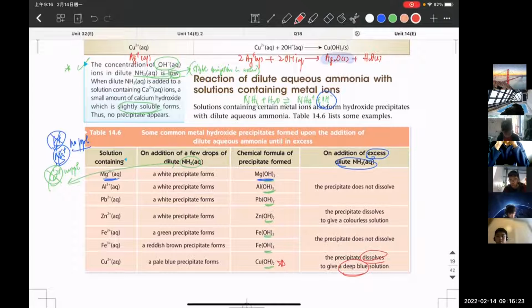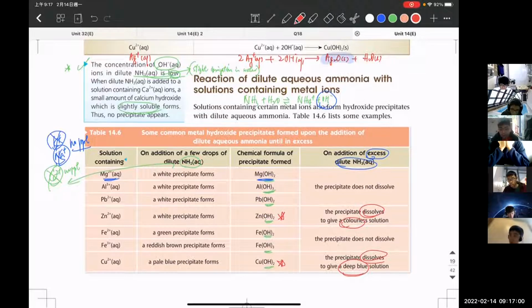Which of these are different? Zinc dissolves, the precipitate dissolves, and it gives a colorless solution. Yes. One more. Two more. There are two more that are different. How about for zinc? If I add excess hydroxide, the precipitate will dissolve to form a complex.